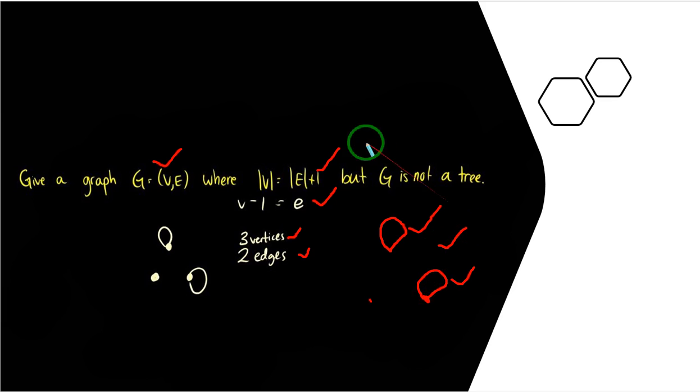We can also have it like this, with three vertices that make two edges. This is edge 1 and this is edge 2. So we have three vertices and two edges, but due to these two edges it makes a loop, so it's not a tree. This is a simple method.